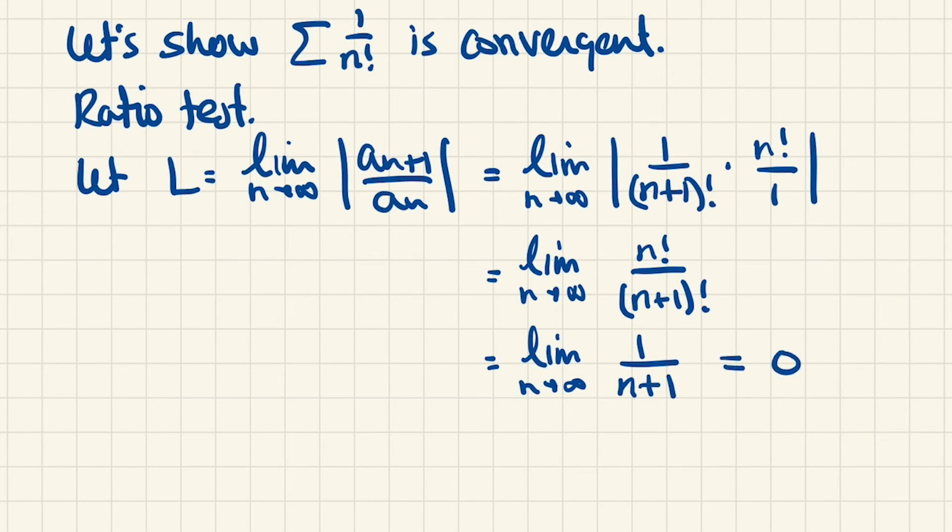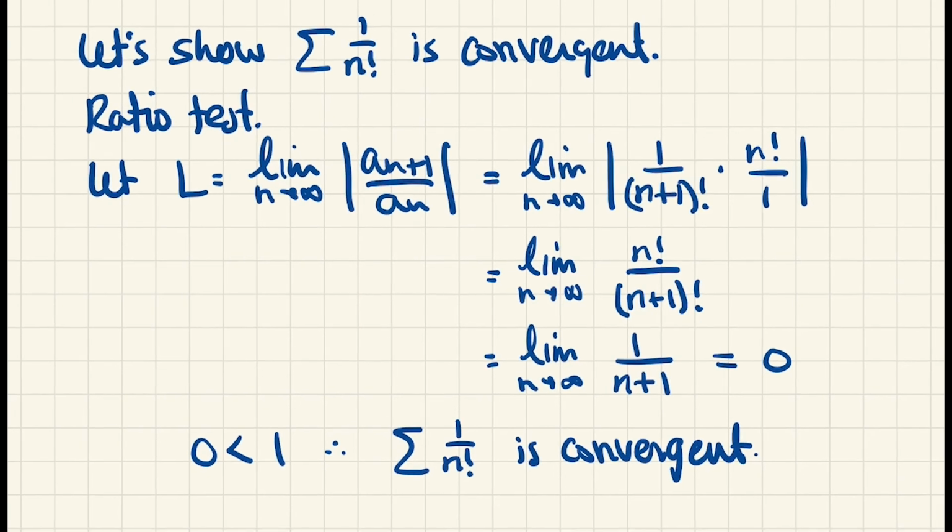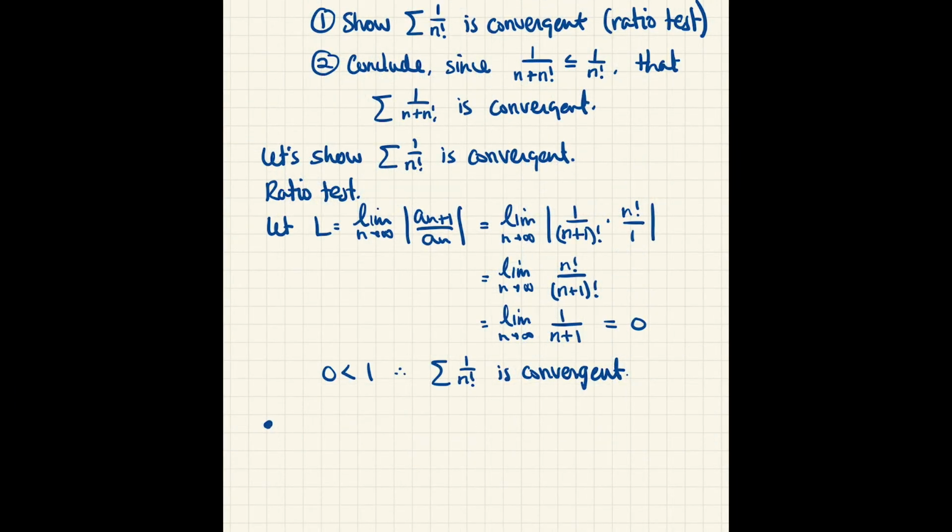And that limit, of course, equals 0. 0 is less than 1. Therefore, this series here is convergent. All right, and for our comparison test, we need to quickly acknowledge this very obvious thing. And now we can conclude that the series we're interested in is convergent.